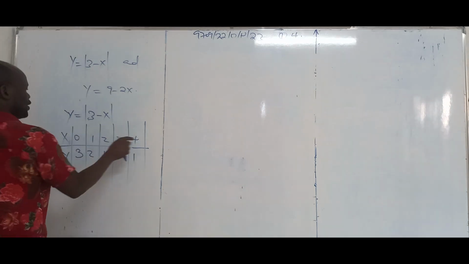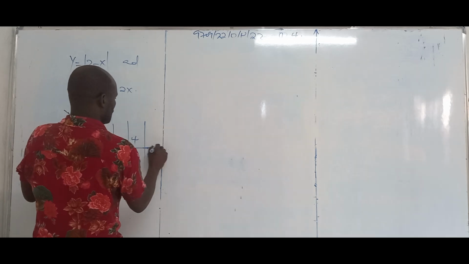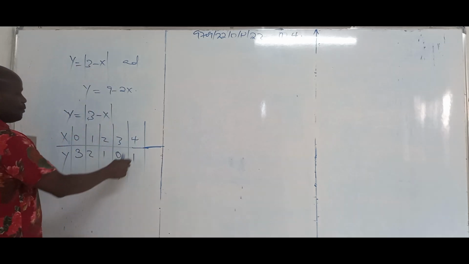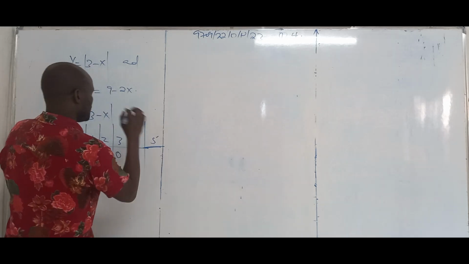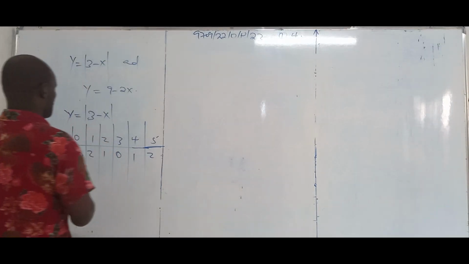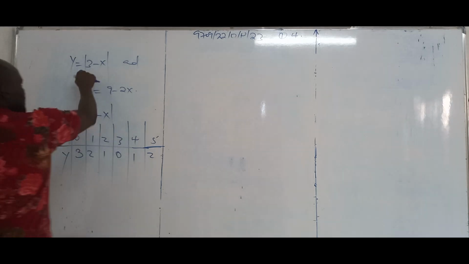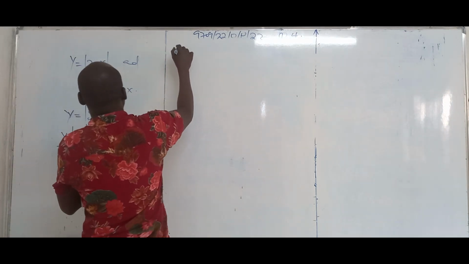If we plot this, that should give us how the curve moves. I've seen a turn being made at this point. So let me add the other one, 5. When it's 5, we have this to be 2 again. Now, that's for that.